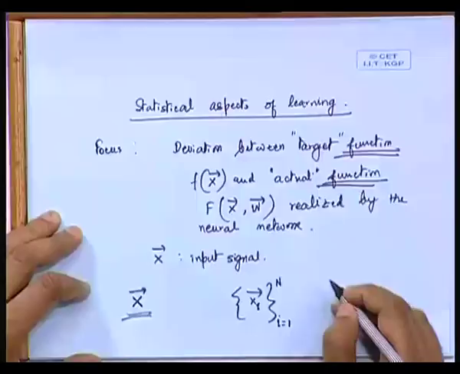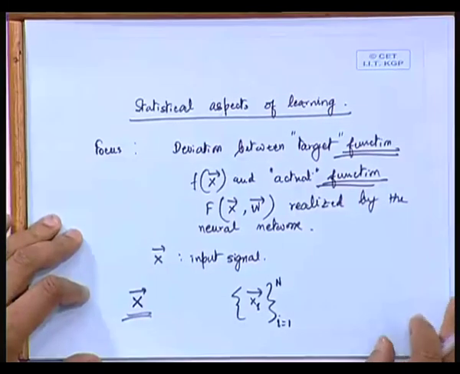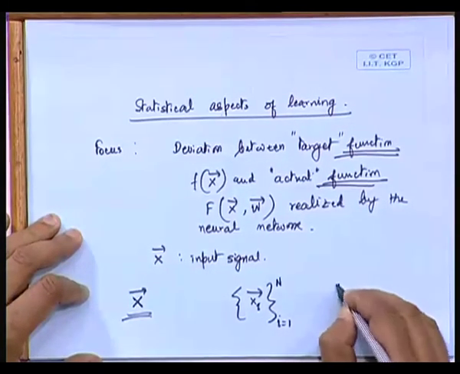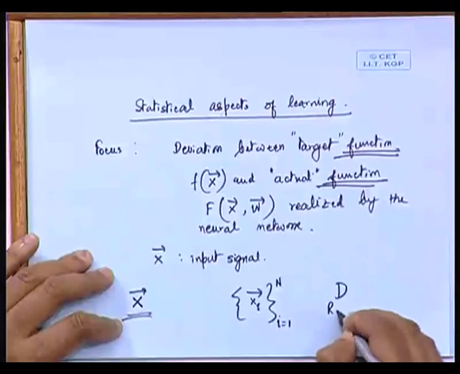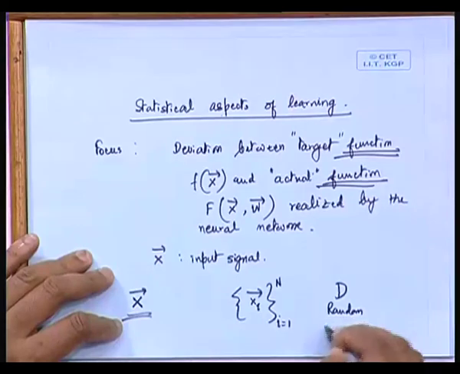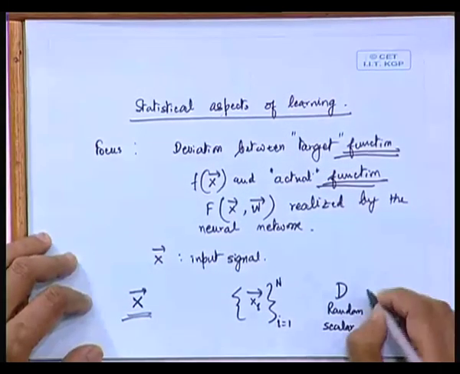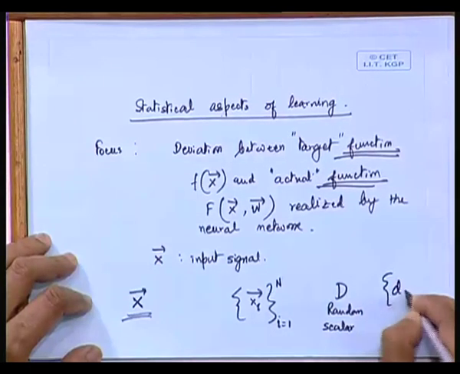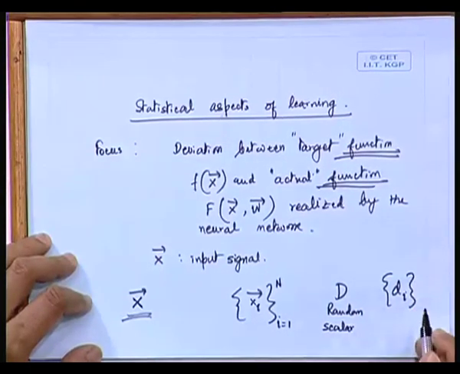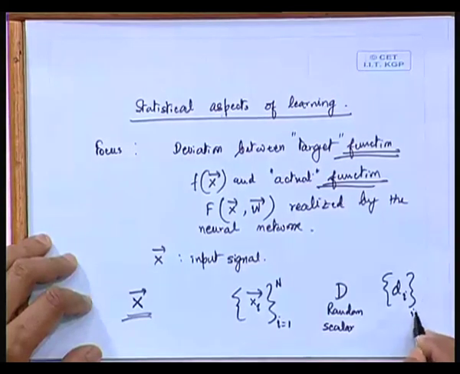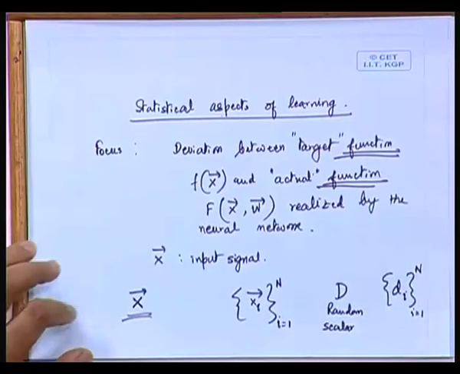And also we are defining a random scalar, if we assume the output to be a scalar. So, D is nothing but a random scalar quantity, and this random scalar quantity we are defining as the set of di's, where di is the ith instance of that scalar, i equal to 1 to n.